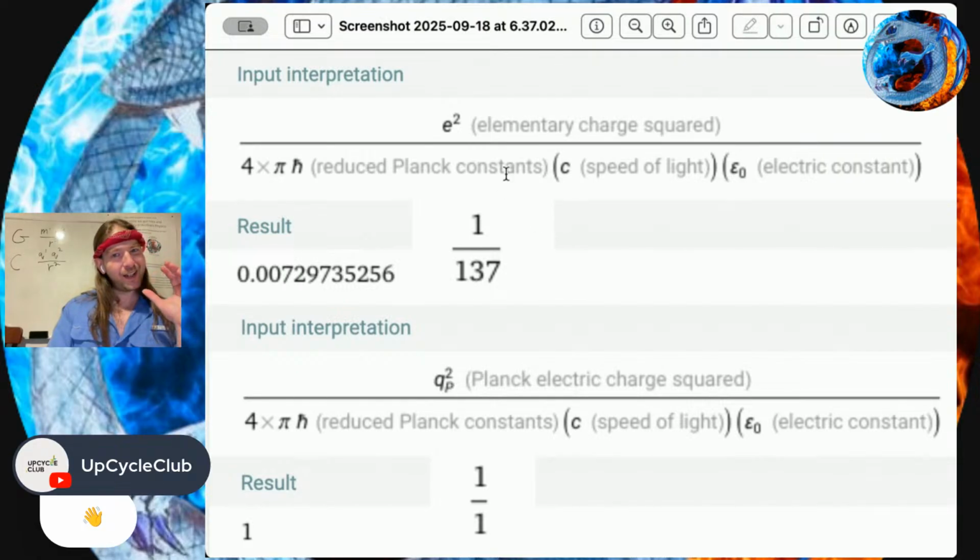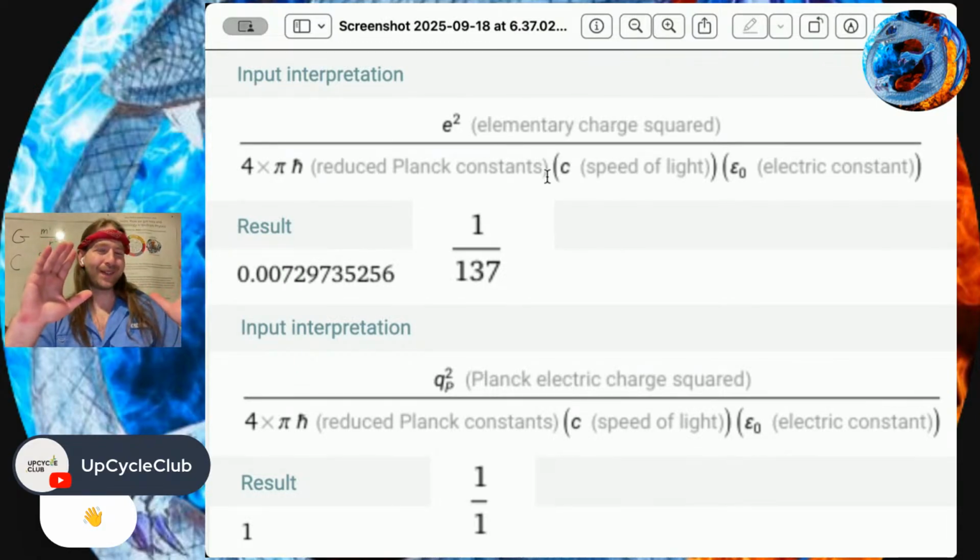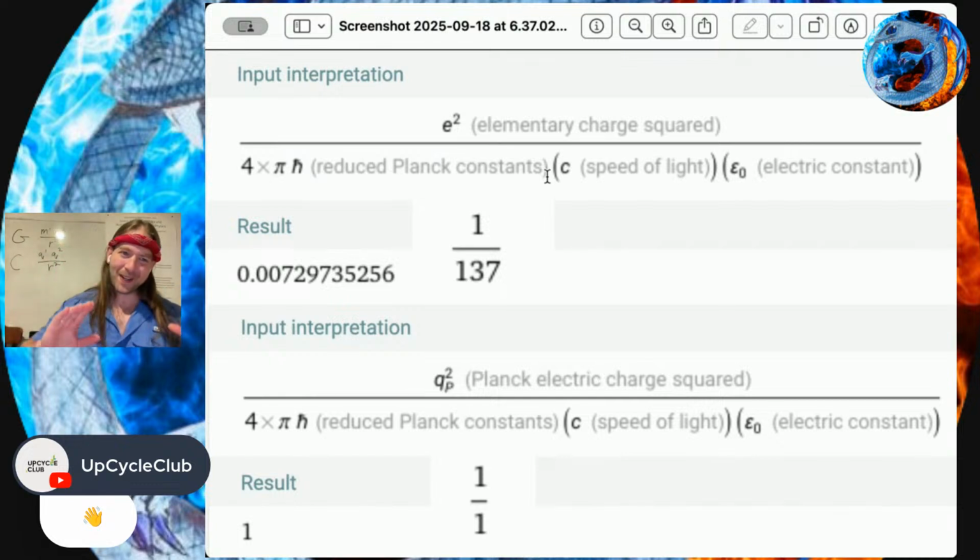Now, the interesting thing is, just think about this for a second. If you're going to have something with some units and you're going to get something without units, that means you must be dividing a thing with units by the same units.